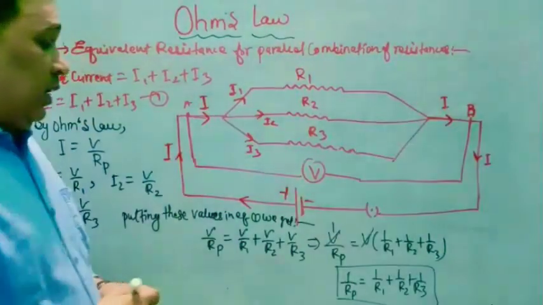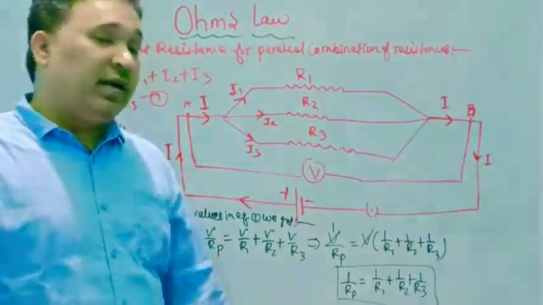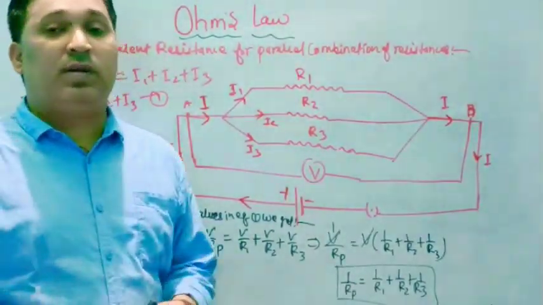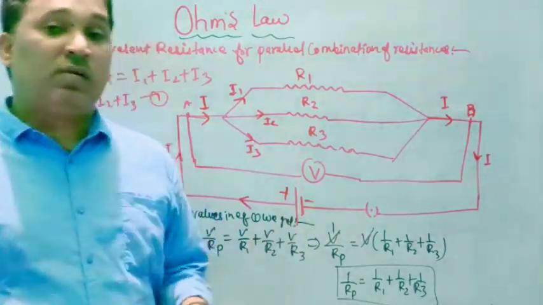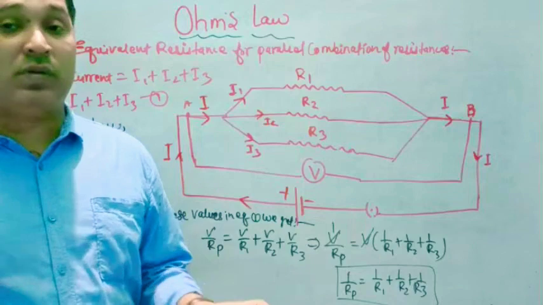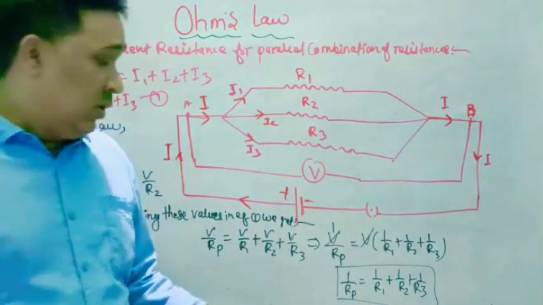So the reciprocal of the equivalent resistance for parallel combination is equal to the sum of reciprocals of individual resistances.